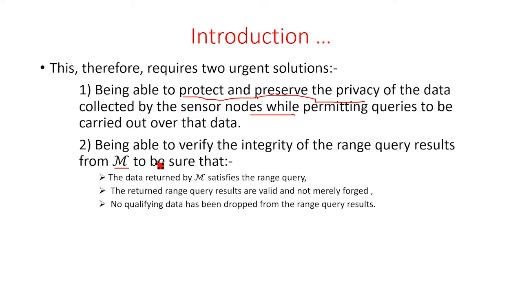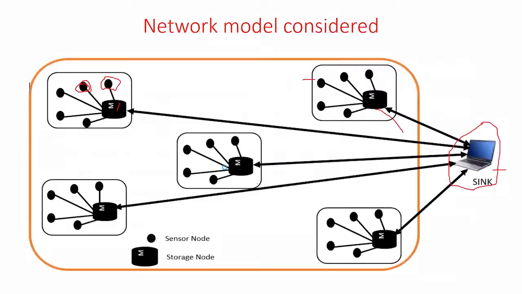The second thing is that we must be able to verify the integrity of the range query results received from M by the sink. As we saw in our network model, the sink sends the query and then receives the feedback.